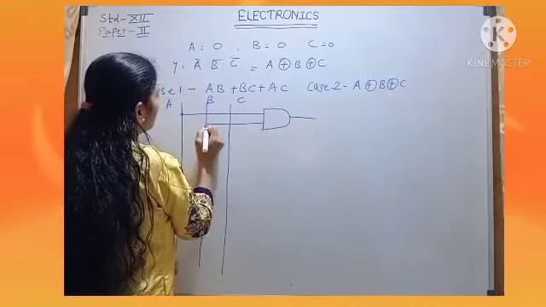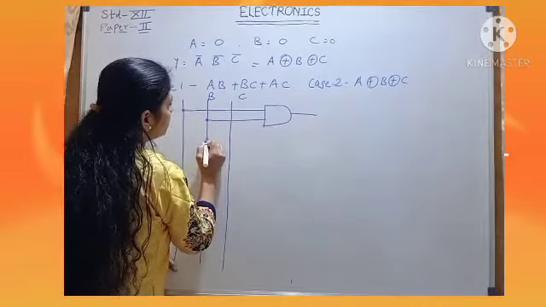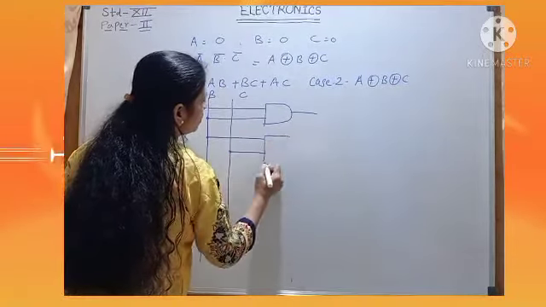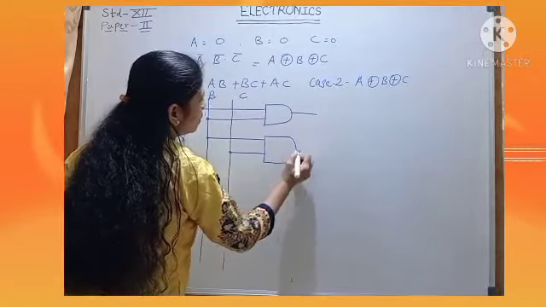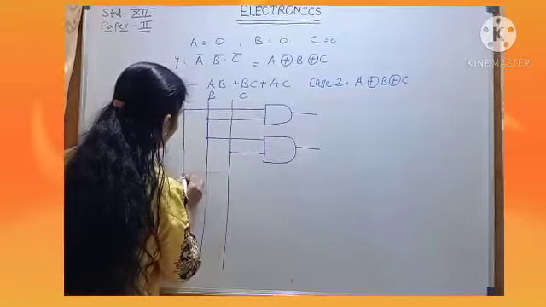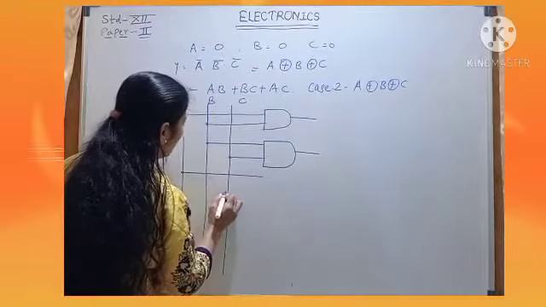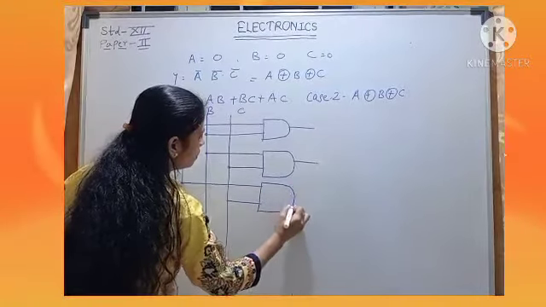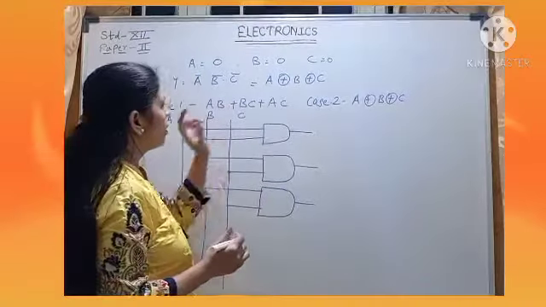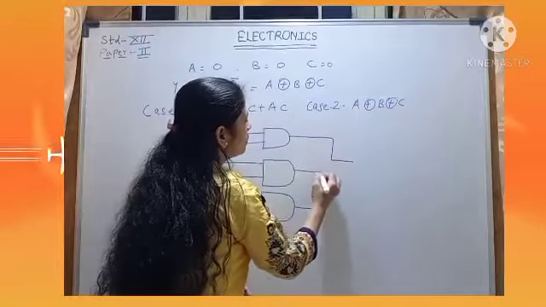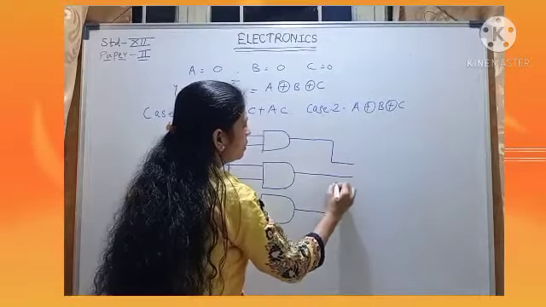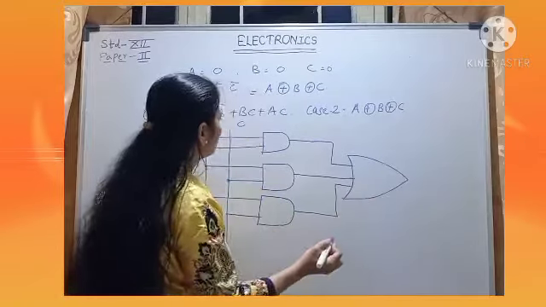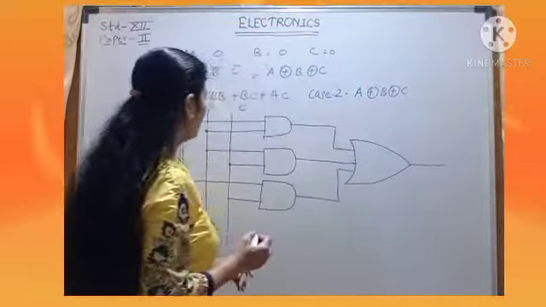Then we want BC, so this is B and this is C. Then AC, so this is A and this one is C. Now we have to add these, so for adding we use one OR gate. So finally we got this for case 1.